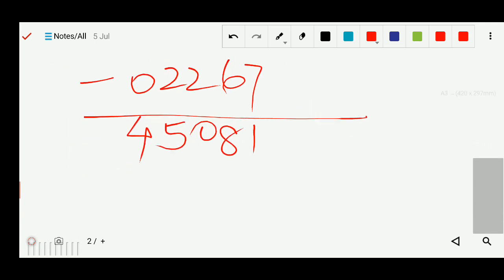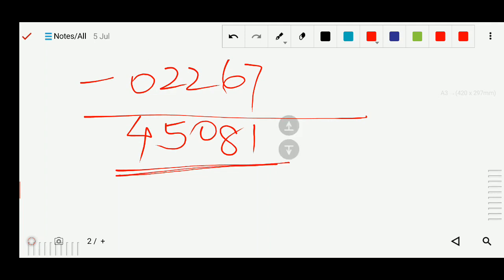So now here you can see again we got the number 45081. So we have to again round up to the nearest 1000, because earlier we did round up to the nearest 1000. So ones, tens, 100, 1000. So place the arrow, put it here.